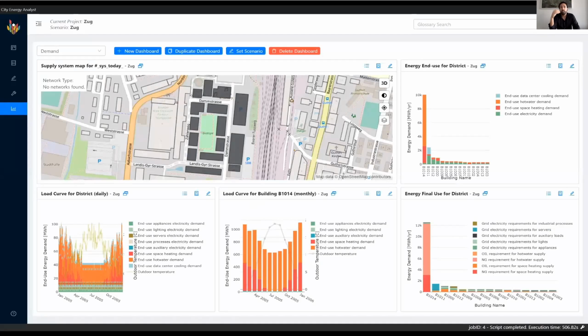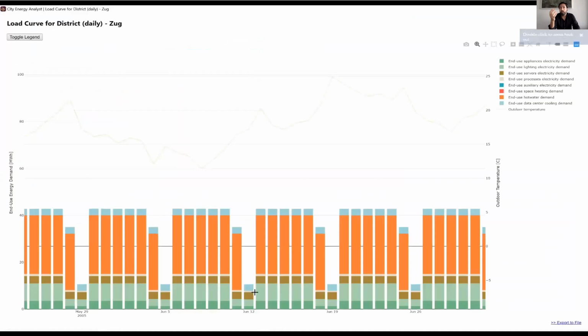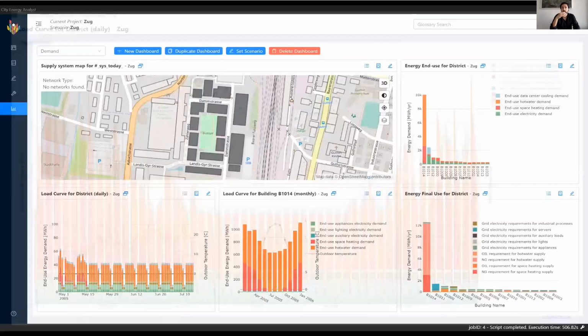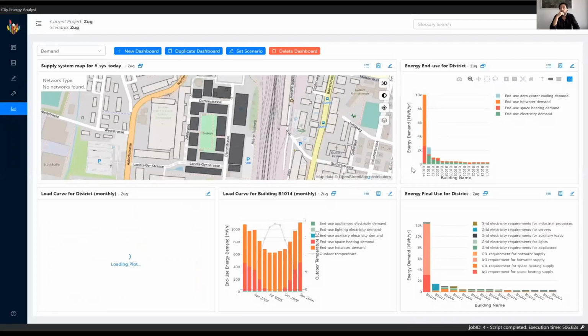That with time we have condensed up to a point that we can understand what are the patterns of demand of future or existing, in this case, districts. The time resolution that most energy engineers and also planners need could be hourly resolution as well as months or even years, depending on the type of analysis you need.